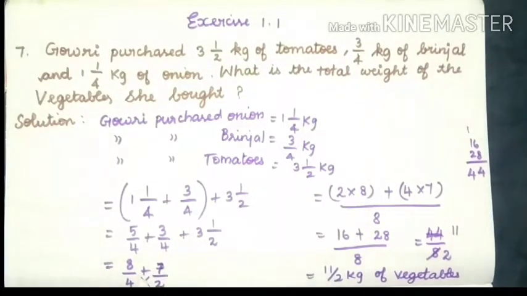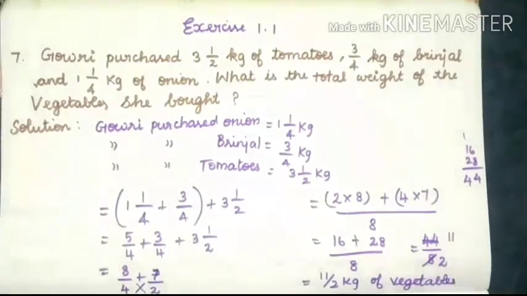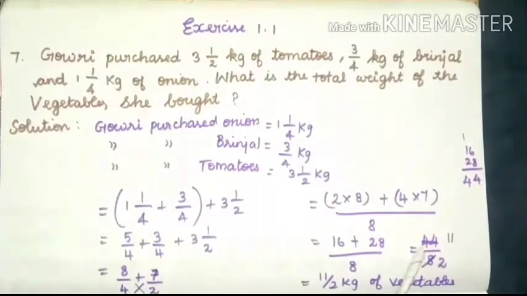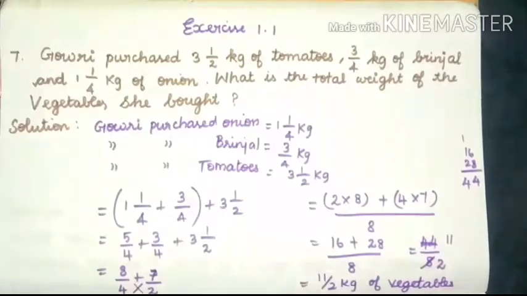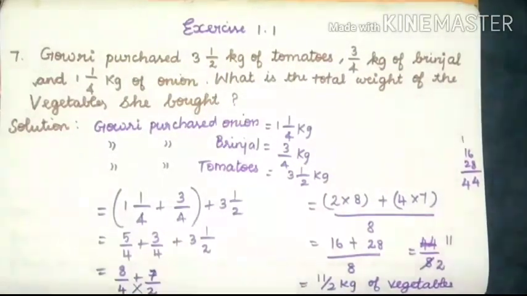That is 2 into 8 plus 4 into 7, divided by 4 2s are 8. 2 8s are 16, 4 into 7 is 28, divided by 8. 16 plus 28 is equal to 44 by 8. We can cancel this fraction by the 4 table. 4 2s are 8 and 4 11s are 44. So Gauri purchased totally 11 by 2 kg of vegetables.